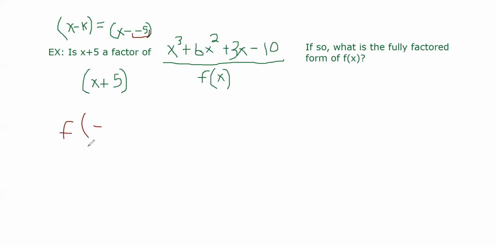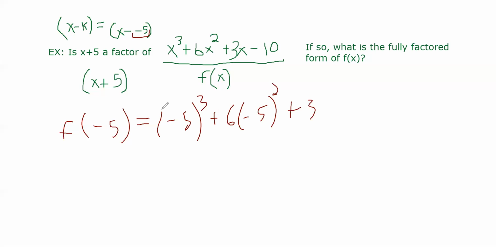In other words, we're going to take f of negative 5. We're going to plug a negative 5 into the original function, and if it spits out a 0, that means x plus 5 is a factor of this right here. So let's see: negative 5 cubed plus 6 times negative 5 squared plus 3 times negative 5 minus 10.